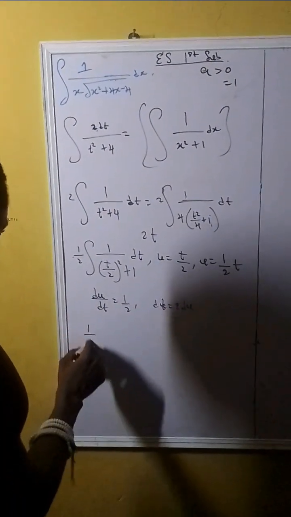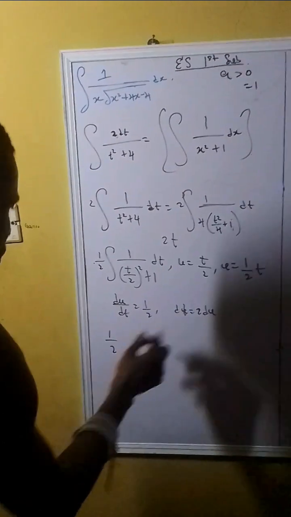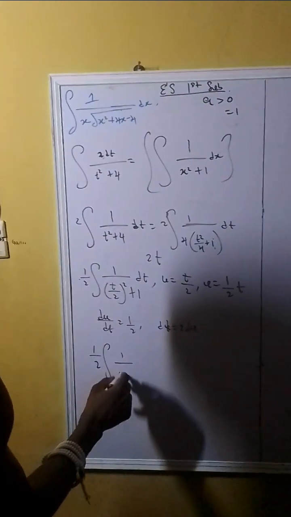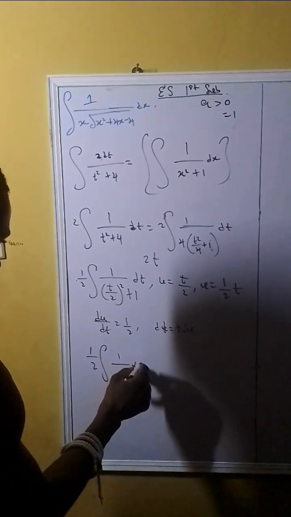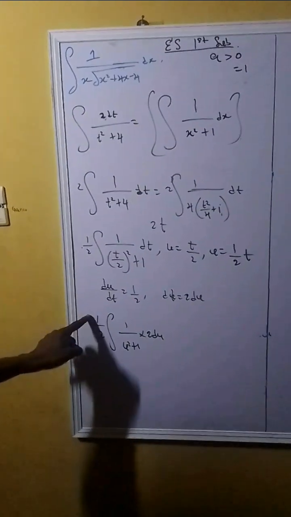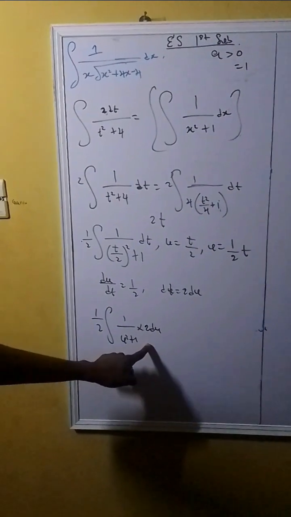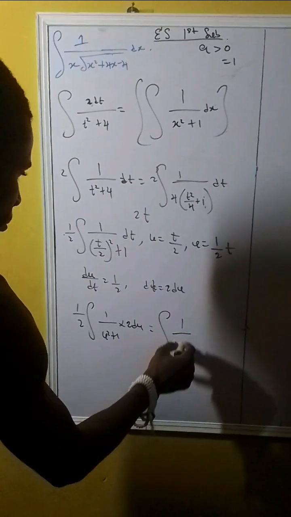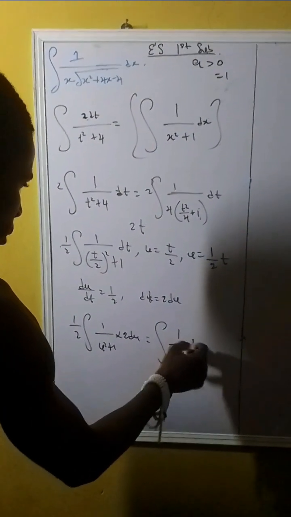And that will be 1 over 2, right? Our dt changes to 2 du. That will be integrating 1 over t over 2 becomes u squared plus 1 times 2 du. And so these two also move forward again back up here. That will be 1 times 2, and 2 divided by 2 will give us automatically 1. So it's just like integrating 1 over u squared plus 1 du.